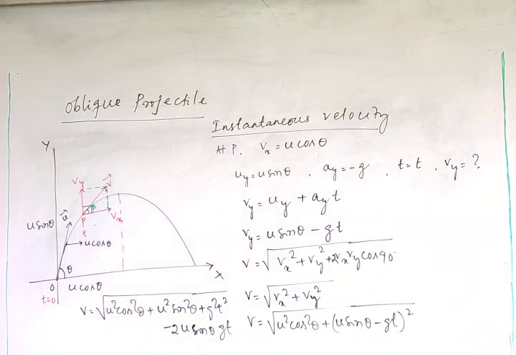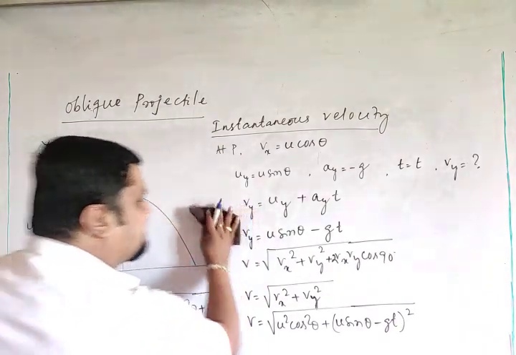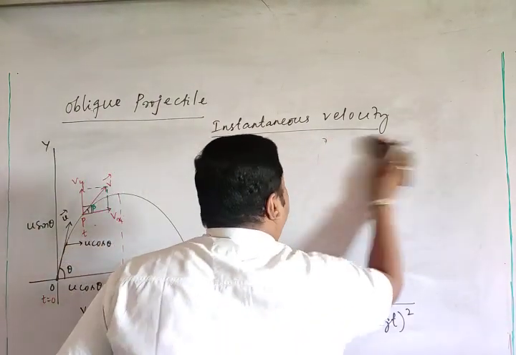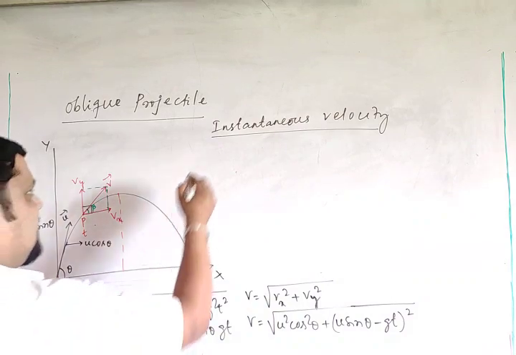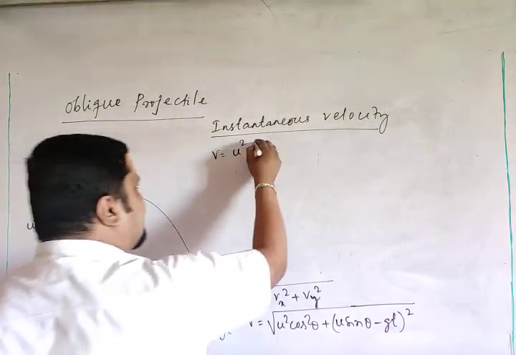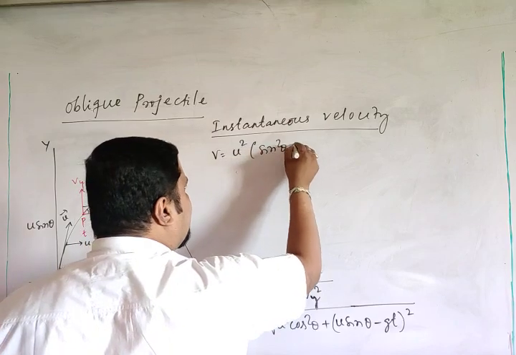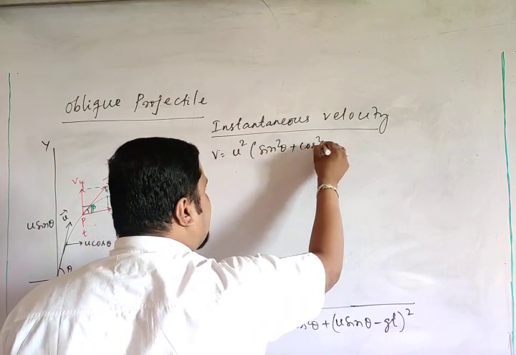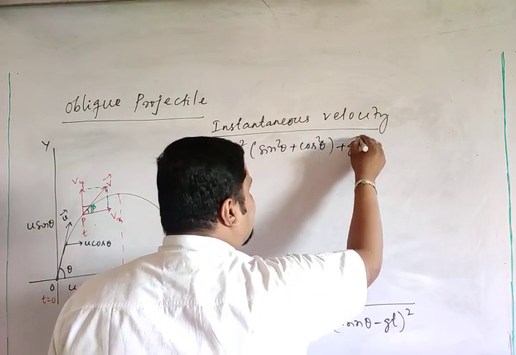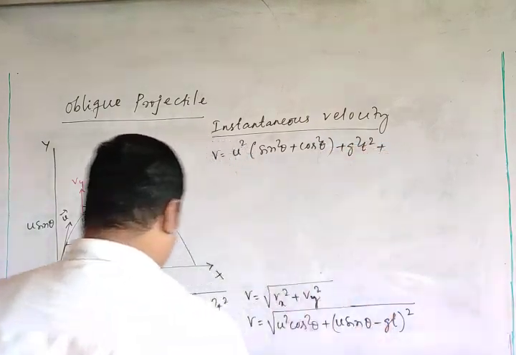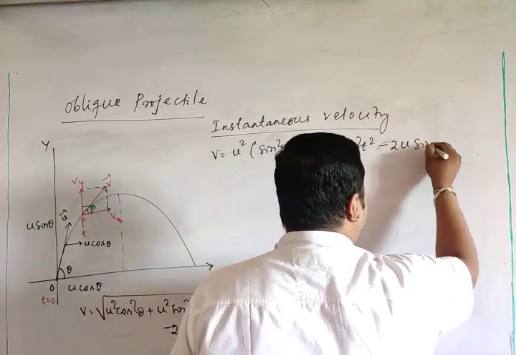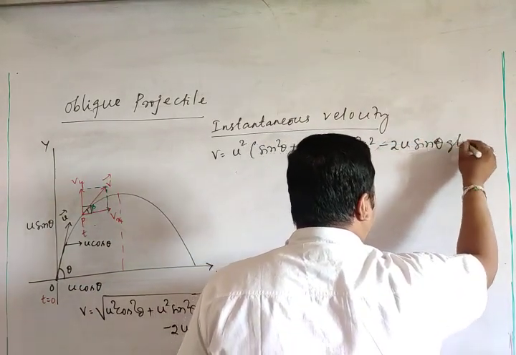So if you take common, equal to u square, sin square theta plus cos square theta, taking u square common, plus g square t square minus 2u sin theta into gt.